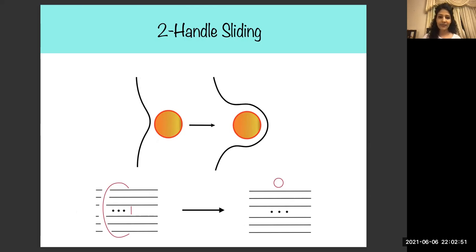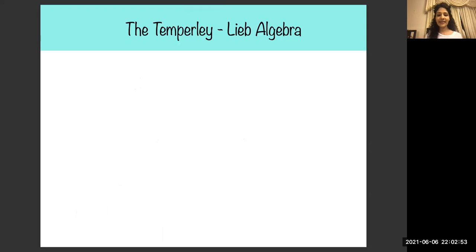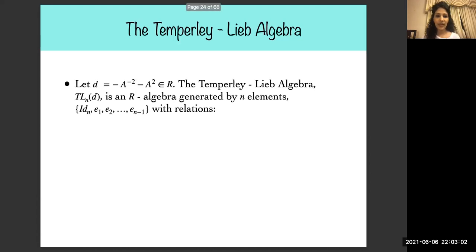All right. So the last ingredient that we need to understand the KBSM of the connected sum of handlebodies is the Temperley-Lieb algebra. The Temperley-Lieb algebra, which we denote by TL_n,d, where d denotes this polynomial, is an R-algebra generated by n elements, the identity element and the e_i's, which satisfy certain relations.